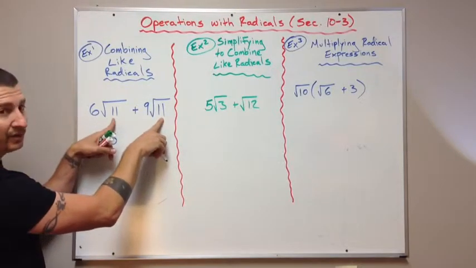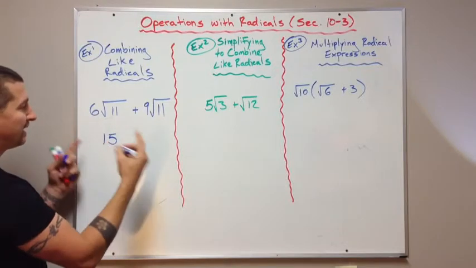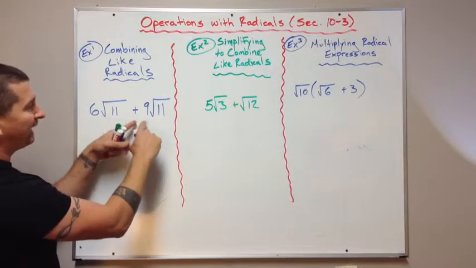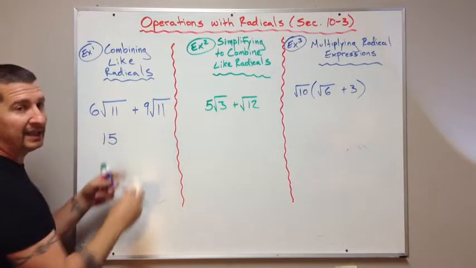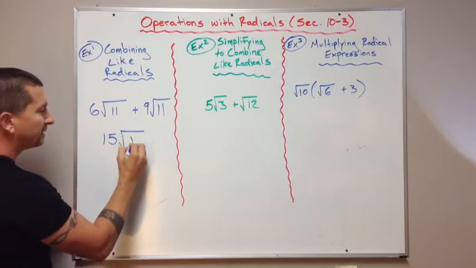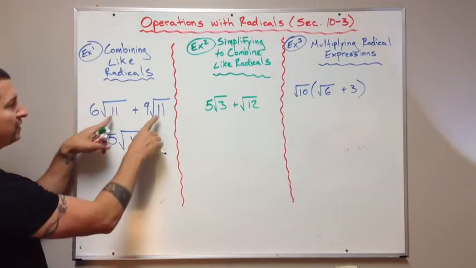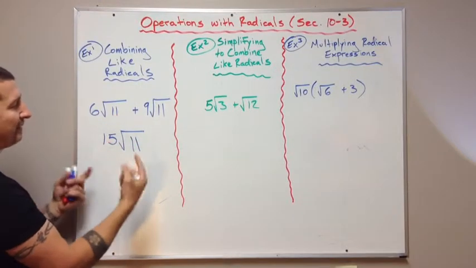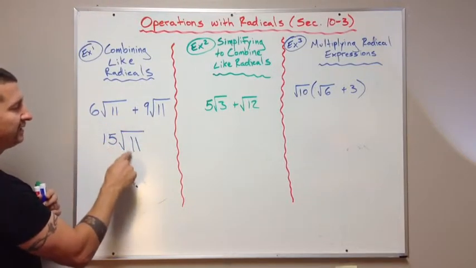Now, the radicals stay the same because we're combining. We have 6 square roots of 11, and we have 9 square roots of 11. And when we combine them, we have a total of 15 square roots of 11. So when we're adding, this stays the same because we're simply counting how many of these we have. We have 15 square roots of 11.